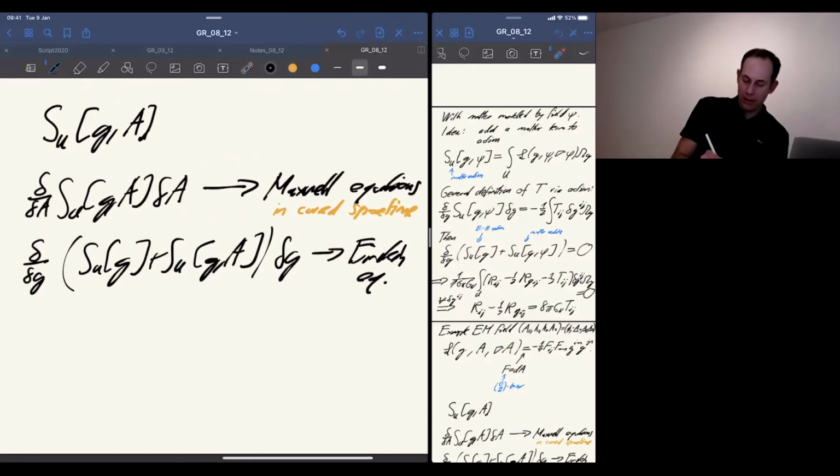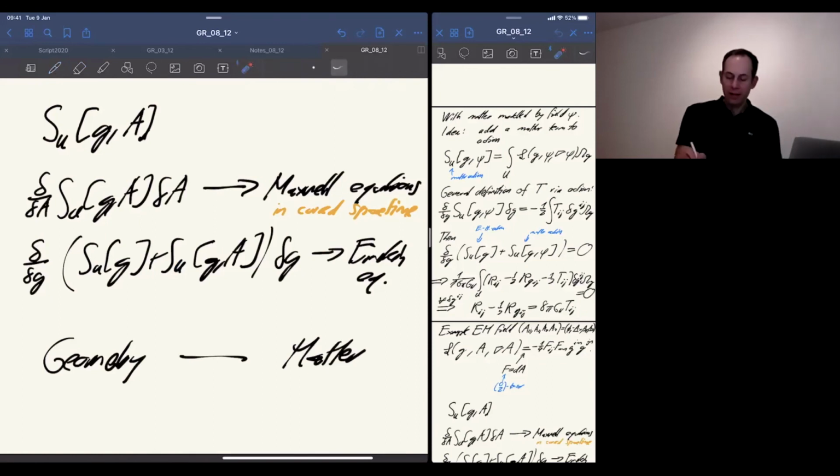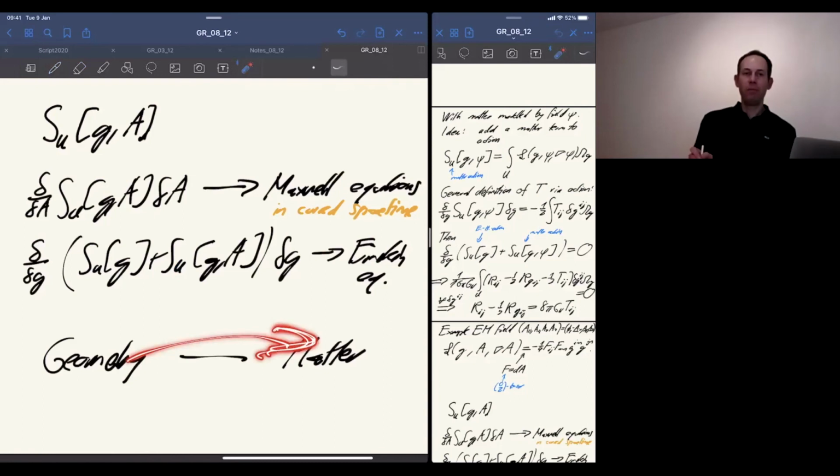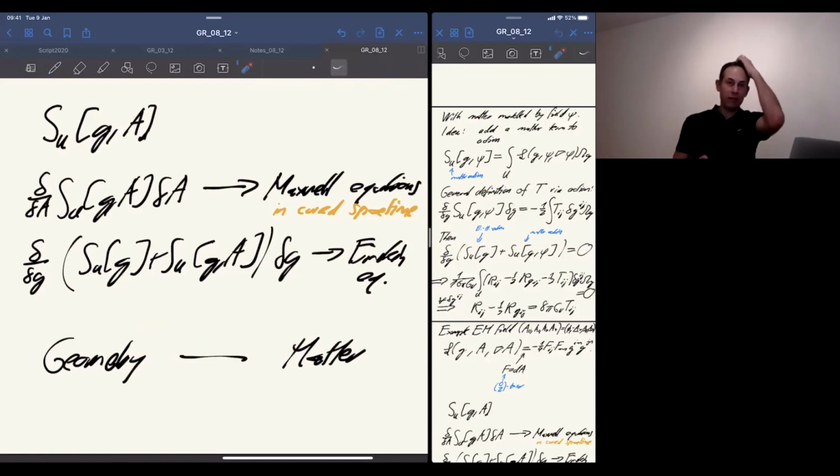We have the geometry and we have matter. And so far, saying how the geometry influences matter was a completely different business from saying how matter influences the geometry. But what we have now found is that both directions come out of the same Lagrangian.